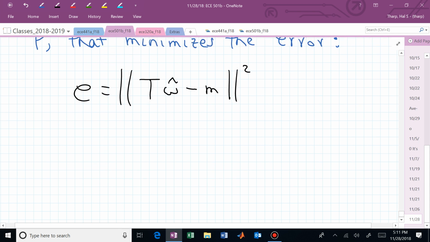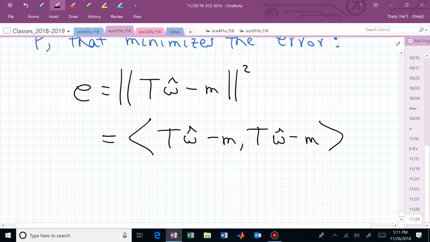And now that I have this norm squared, you know where I'm going. You know that you can write that as an inner product with T W hat minus M in both slots. So this error is now T W hat minus M, T W hat minus M in this inner product.